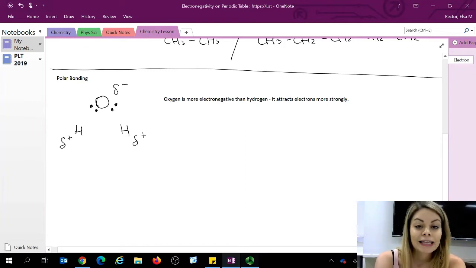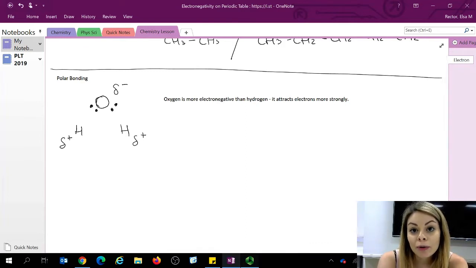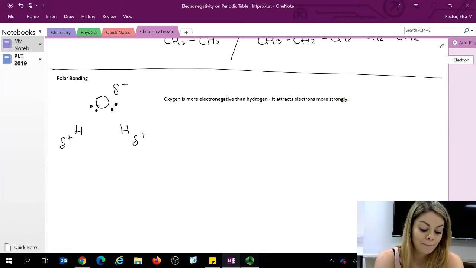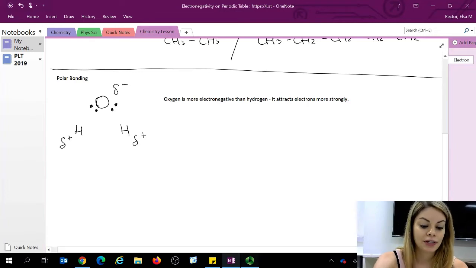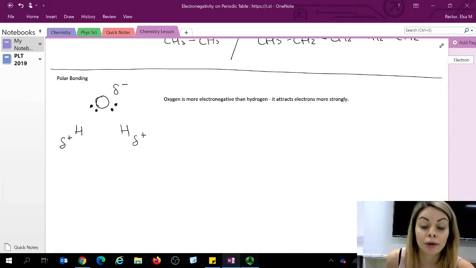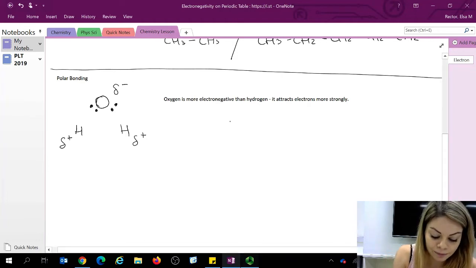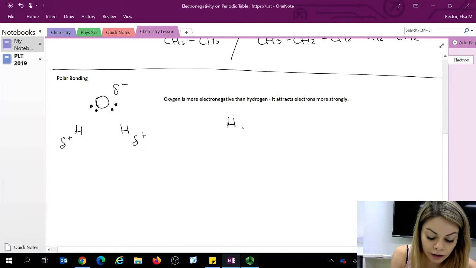That means that when we introduce other water molecules, the partial positive end is attracted to the partial negative end. So that looks like this. Let's have a little look at the polar bonds. So let's say we have a water here.